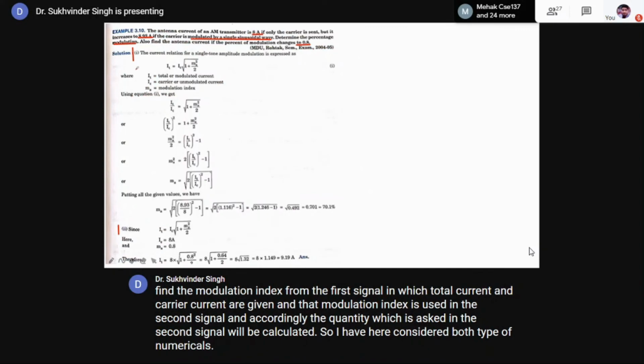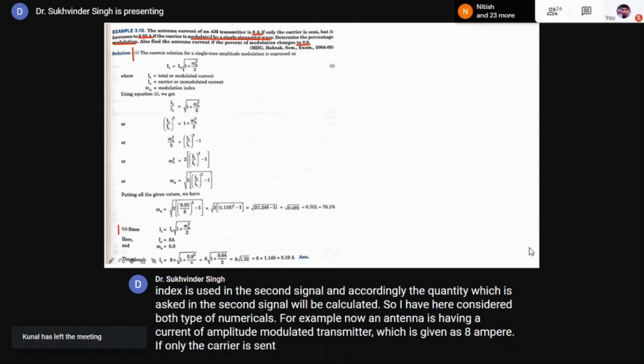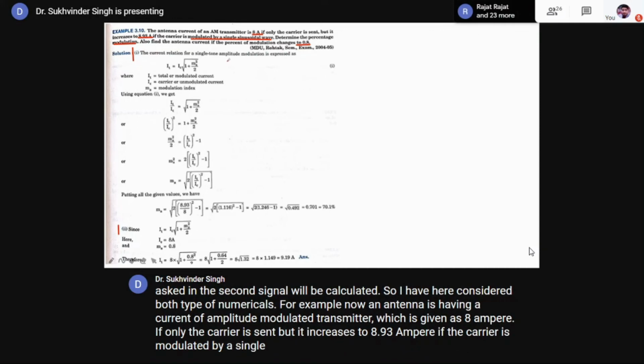For example, an antenna current of an amplitude modulated transmitter is given as 8 ampere if only the carrier is sent, but it increases to 8.93 ampere if the carrier is modulated by a single sinusoidal wave. So here in this example, what is given?